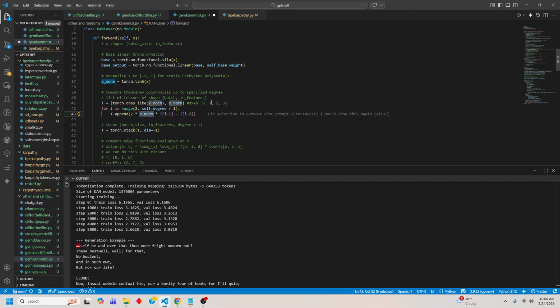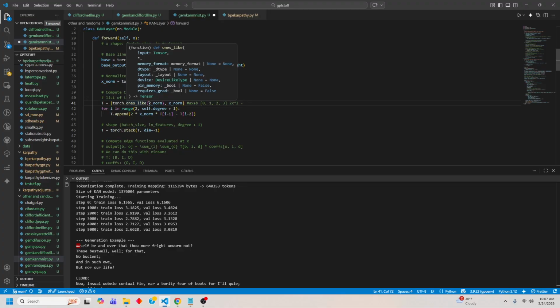So that's basically 2x squared, minus t i minus 2, which would be the 0th part, the ones, which is basically the b, minus b.